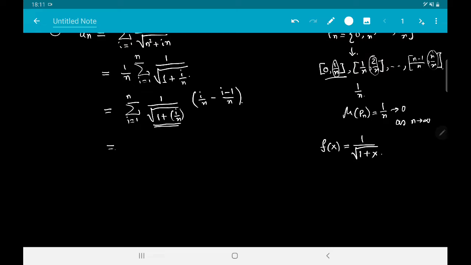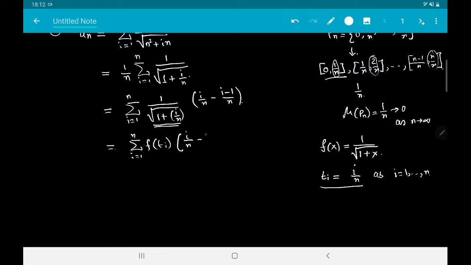So if we choose our tag points t_i to be i upon n, as i varies from 1 to n, then we get exactly this summation i equal to 1 to n of f of t_i. So the t_i's are the tag points i by n, which gives this value 1 over under root 1 plus i by n, times the length of the intervals, which was originally defined as x_i minus x_{i-1}.